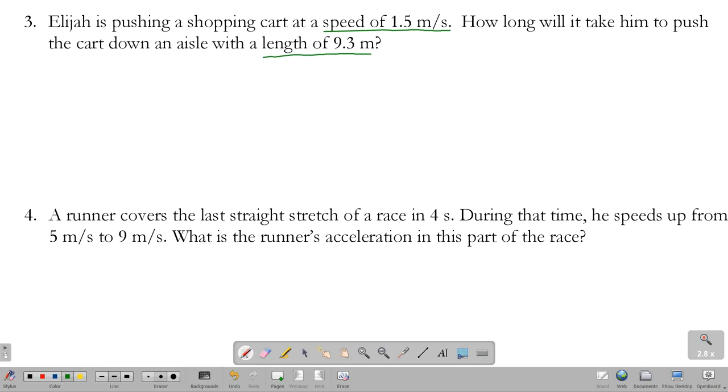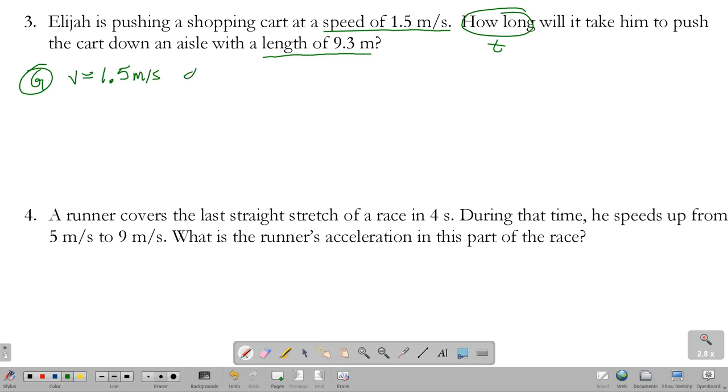Okay, so I've underlined the two givens, but to find the unknown, sometimes people will get confused because it says how long, and people think, oh, well, that's the distance, but it says how long will it take him to push the cart. So this is asking for the time here. So for our givens, it gives us speed is equal to 1.5 meters per second.